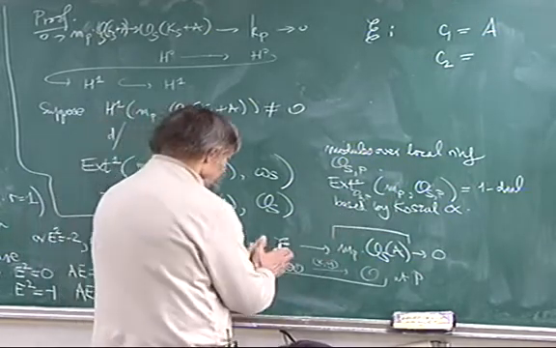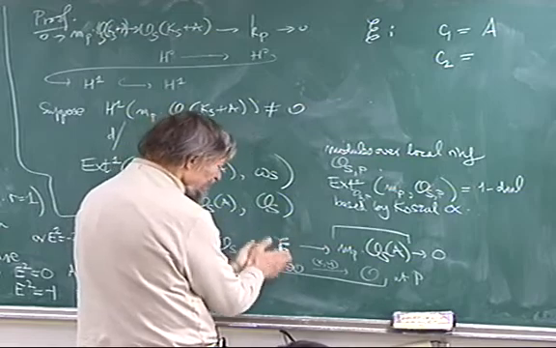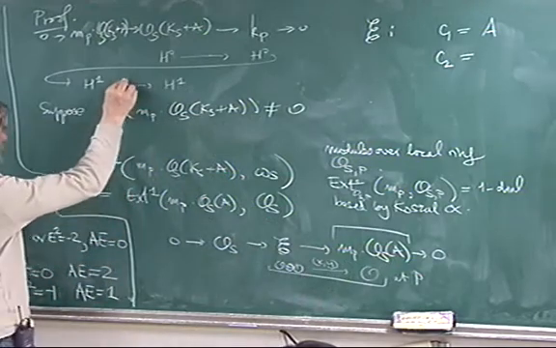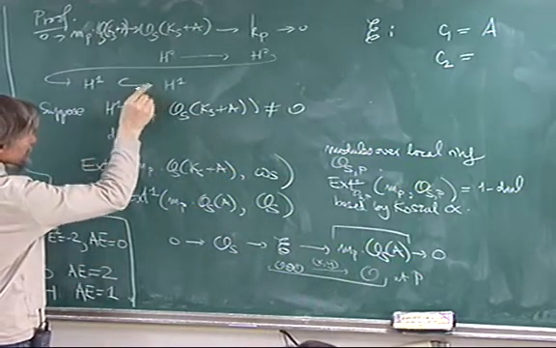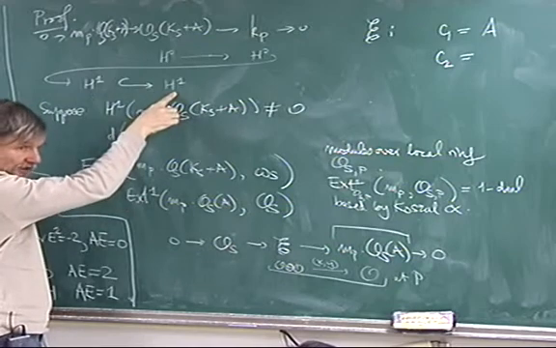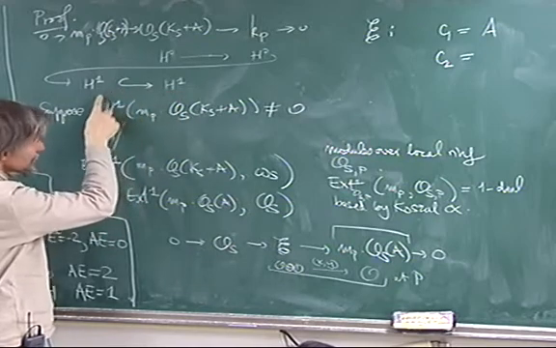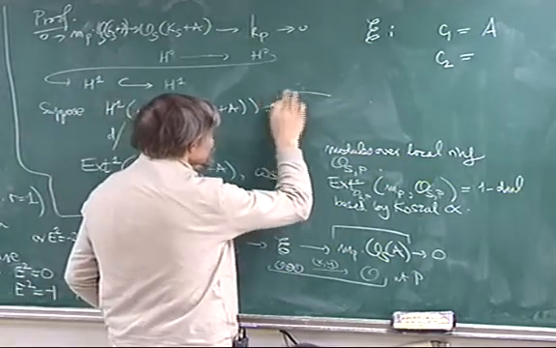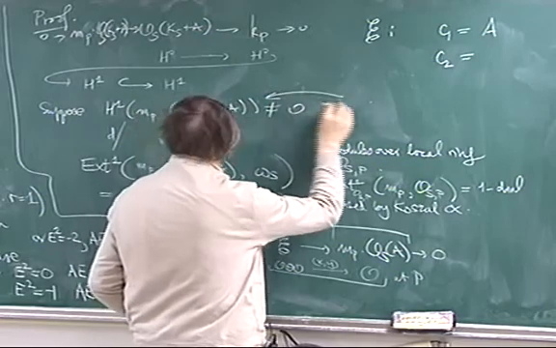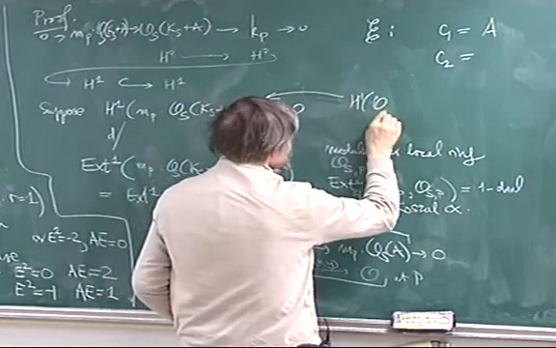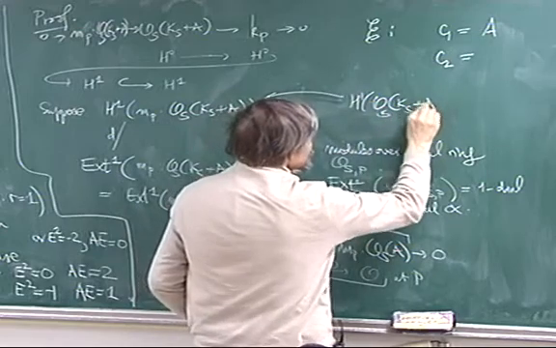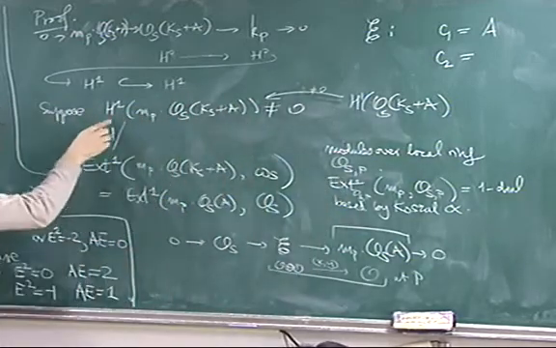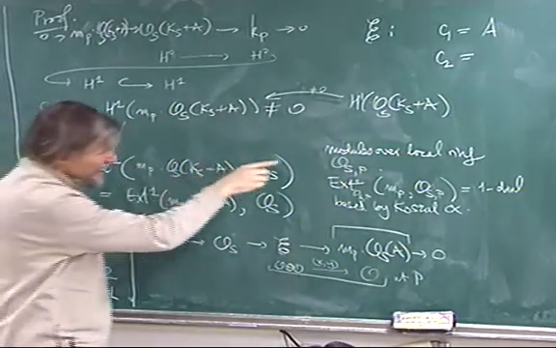Right. So why can't this E be locally the trivial extension? Well, if it was locally the trivial extension, then it would map injectively there. Right. So I should say, suppose that this map here is not surjective. Suppose the map from here to H1 of O_S of K_S plus A is not 0. Right, so I take an element here which is not extendable.